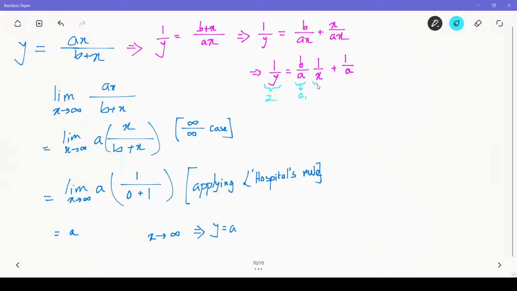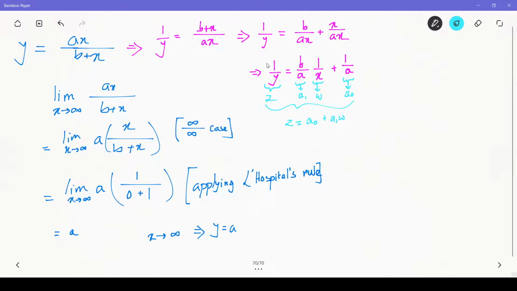In order to maintain the similarity with our linear regression equation, let's write 1 by x as w, and let's write 1 by a as a naught. So this whole thing becomes z equals a naught plus a1 w, right? This is clearly the equation for the linear regression model, right?